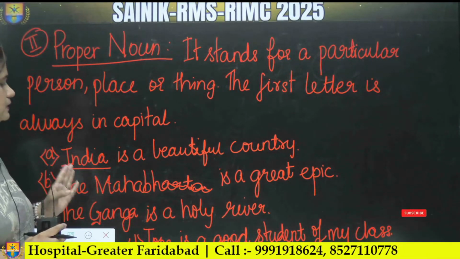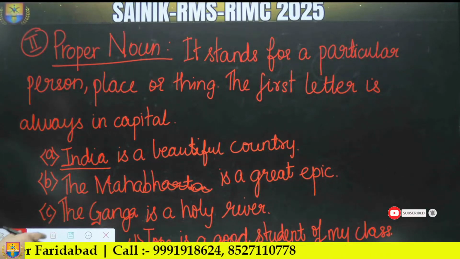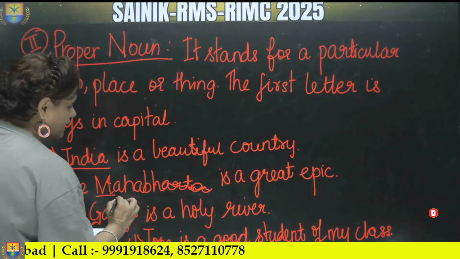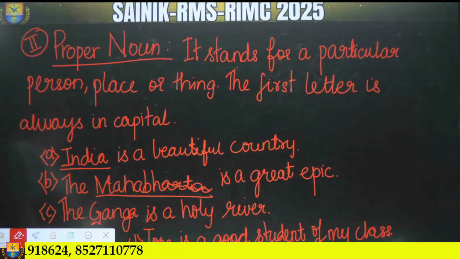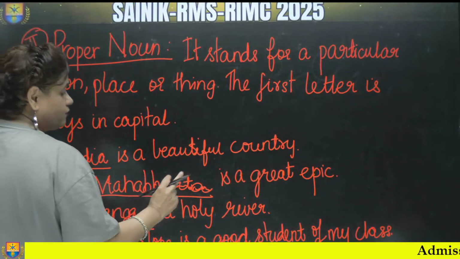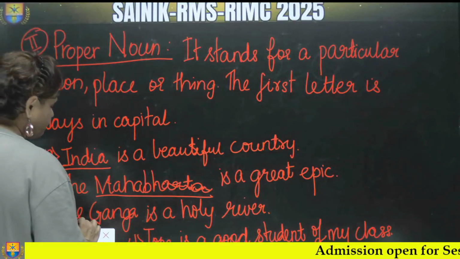Number 2, the Mahabharata is a great epic. In this one also we will underline only the book's name, the Mahabharata. The Ganga is a holy river. River also we can take in the noun category, but let's go for the proper noun.